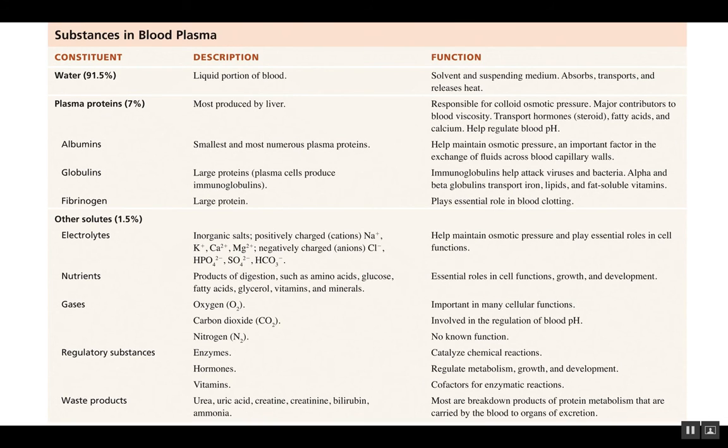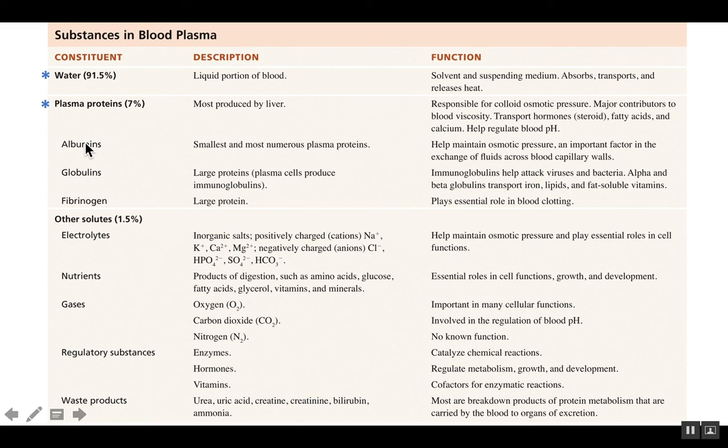This is a pretty thorough table talking specifically about the functions of the plasma. And you can spend some time reviewing this table on your own, but you'll see that there's the water component, which acts as the primary solvent, which allows other molecules to dissolve in your blood. The plasma proteins, albumins, globulins, and fibrinogen.